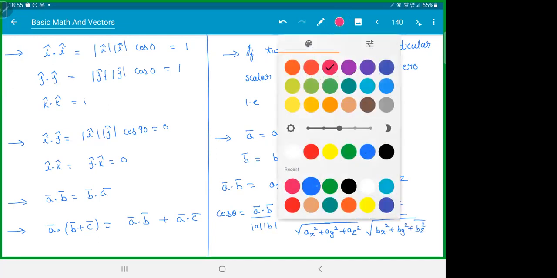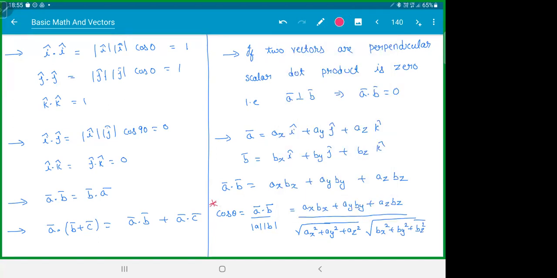This is how you find the angle between two vectors. This is important. Dot product is especially useful when they give you two vectors and ask you to find the angle between them.